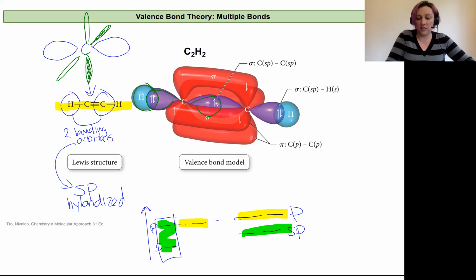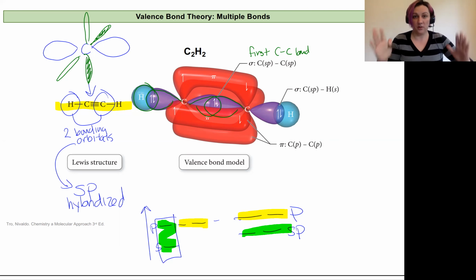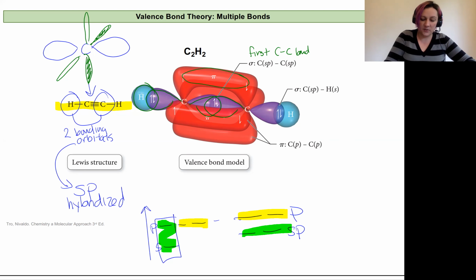The other one's going to create a sigma bond with the other carbon. And so that's our first bond. And then my 2 sets of p orbitals that are in the same axis are going to be able to overlap. And so I'll have these ones right here on the top and the bottom. They're going to become my second bond.